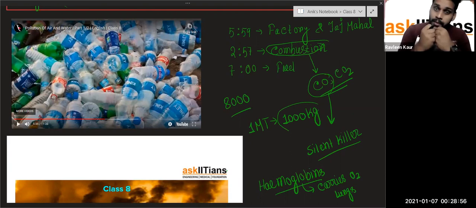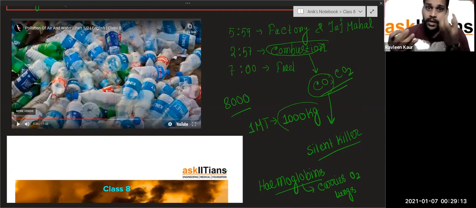As a result, what would happen? The oxygen would be there in front of you. You would have so much oxygen in front of you, in the air or in the oxygen cylinder, but you would not be able to access it. Carbon monoxide would get attached to hemoglobin and your cells would only be getting carbon monoxide instead of oxygen. If your cell is not getting oxygen, it would not be able to get energy, right?